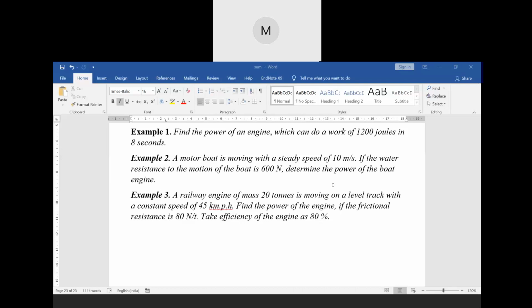Per ton means in 1 ton there is 80 Newton resistance. What is the mass given? The mass given is 20 ton.